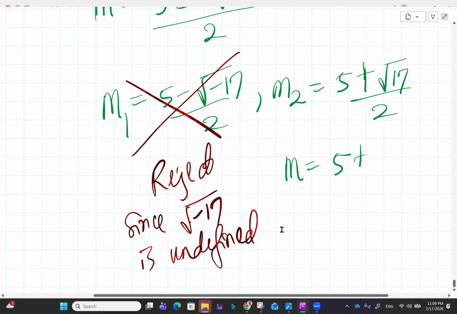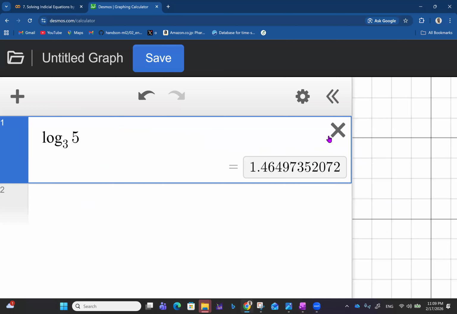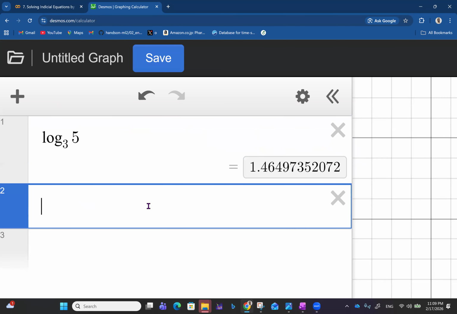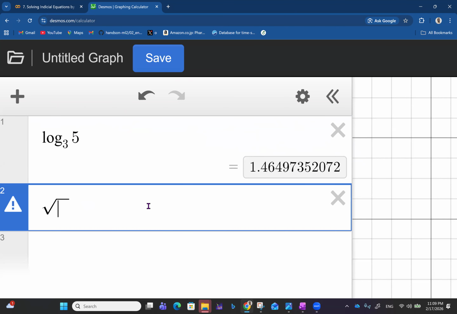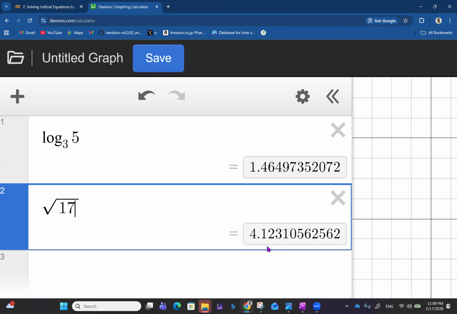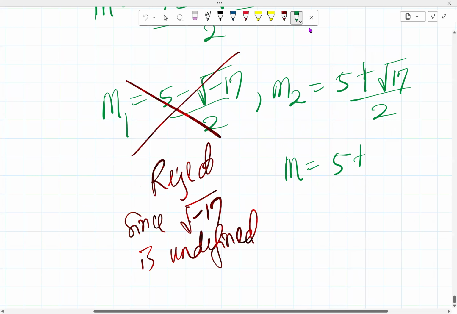I can use Desmos to get root 17. Square root of 17 is 4.1231. So 4.1231 plus 5, divided by 2.